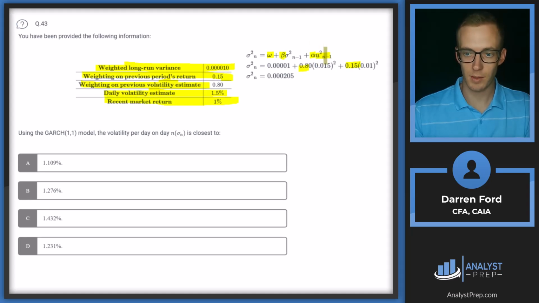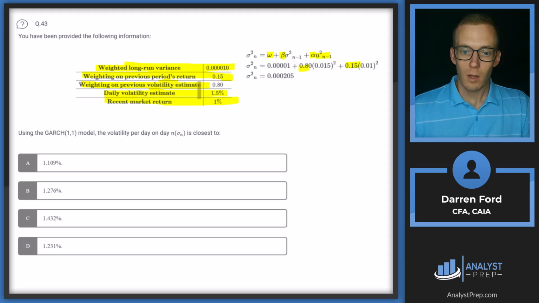And it's N-1 because it's in the past. So we're getting our daily volatility estimate from information in the past and the recent market return as well. From here, it's really just a matter of memorizing this formula, and we work through these numbers here, and we get 0.000205.